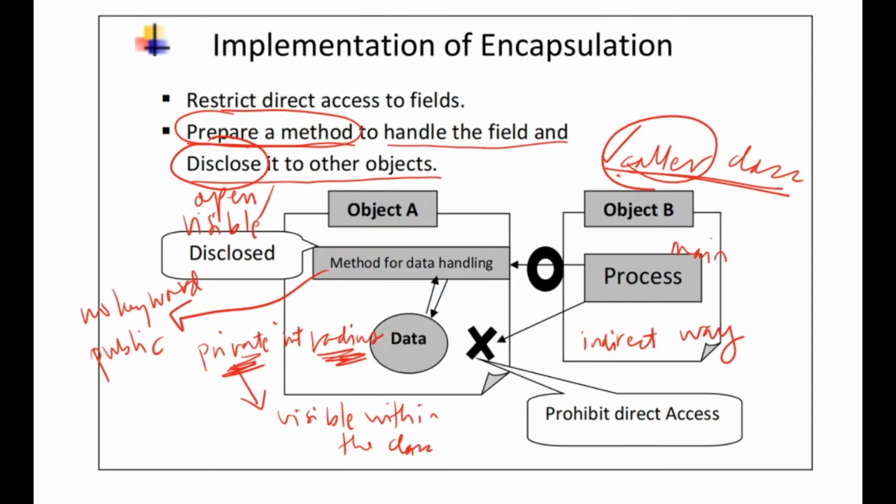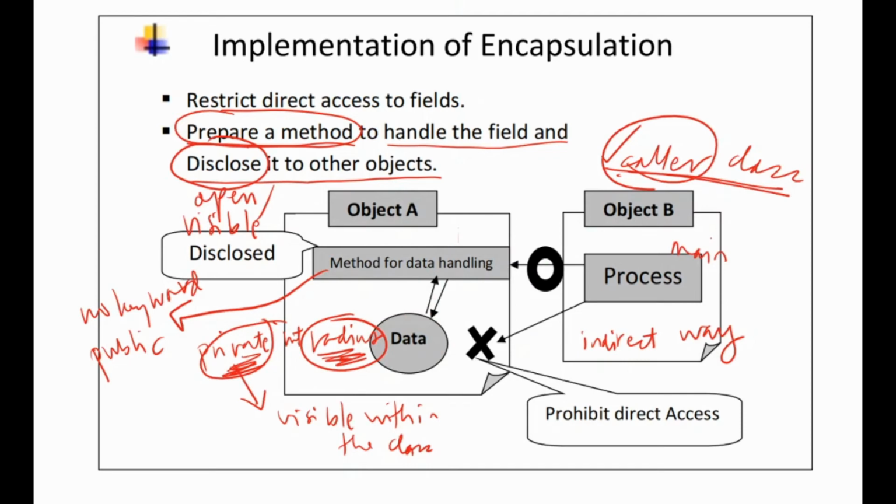If the purpose of this method is to change or set the value of this private data, so the direction is that way, to set or to change, if that is the action of the method, then we call this method a mutator or a setter method of the private field radius.